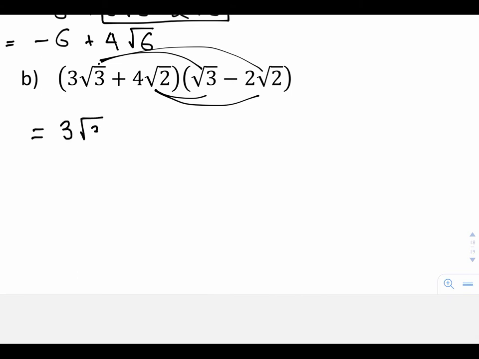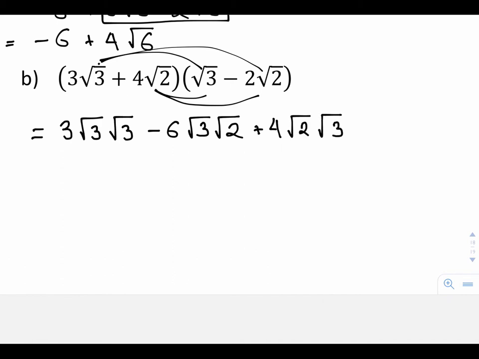I'm not going to evaluate it yet. My second term is negative 6 root 3 root 2. My third term would be 4 root 2 root 3. And my final term, negative 8 root 2 root 2.